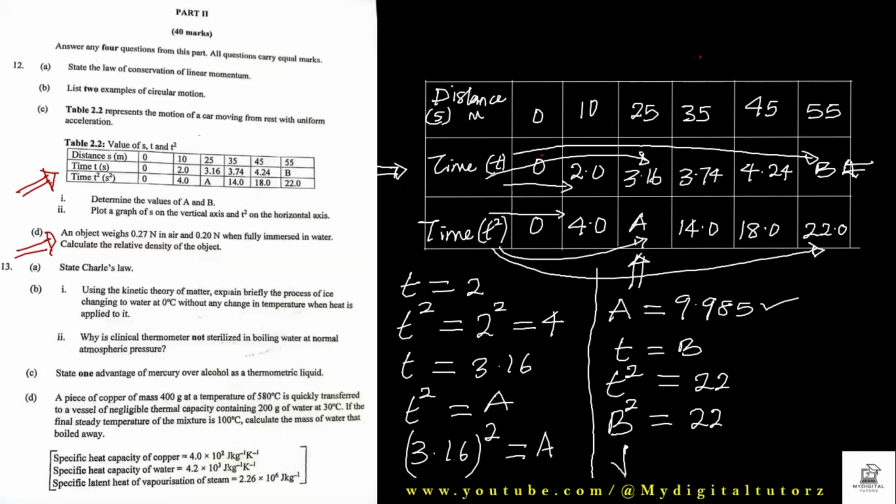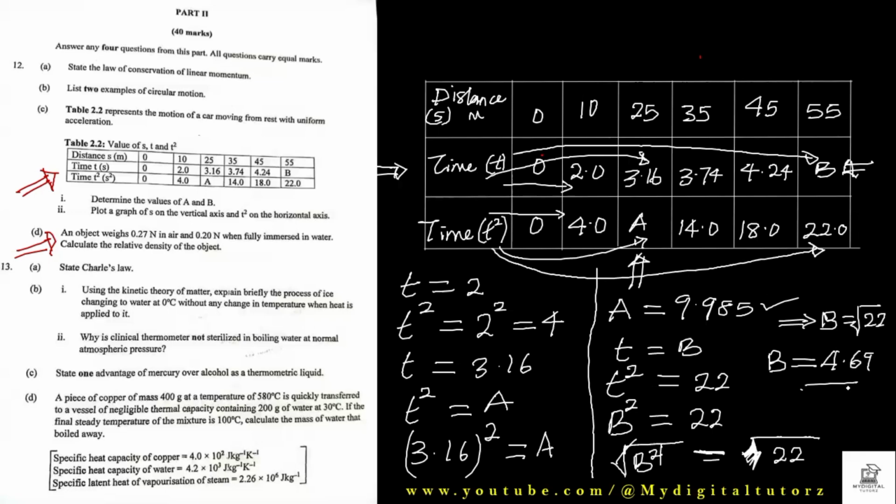You put the sign of square root here, also the sign of square root on 22. So are we good? Here we cancel this. This implies that B is equal to the square root of 22. So press your calculator, you have the value of B, which is equal to 4.69. It's very simple.